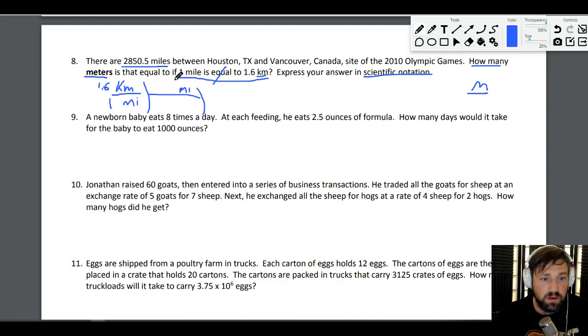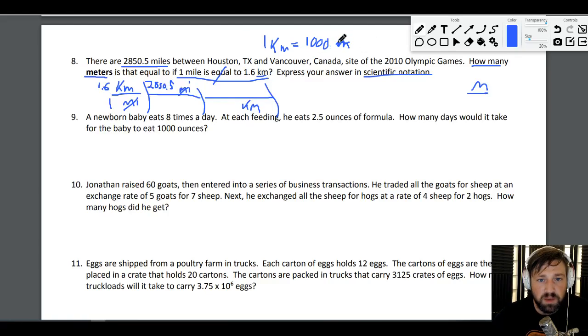So this mile is going to go on top here, 2,850.5. And that means that the miles cancel. So now all we are left with is kilometers. But we don't want kilometers, we want meters. So I know from the metric system that 1 kilometer equals 1,000 meters. There we go. So I'm going to put the kilometers on bottom so they can cancel.